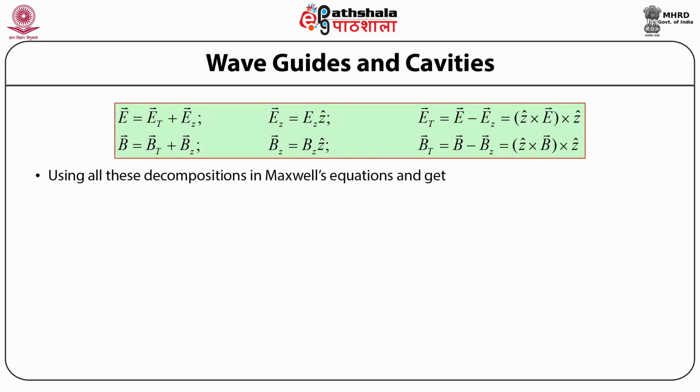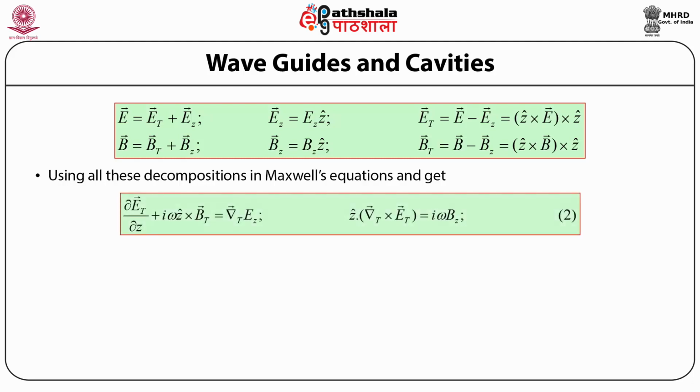we can then write down Maxwell's equations and get the following equations. The partial derivative of the transverse component of the electric field with respect to z plus i omega times unit vector z cross the transverse component of the magnetic field induction vector B is equal to the transverse del operator acting on the z component of the electric field.